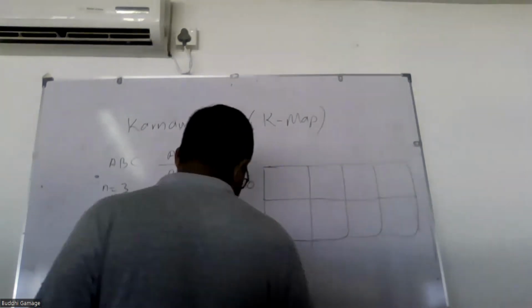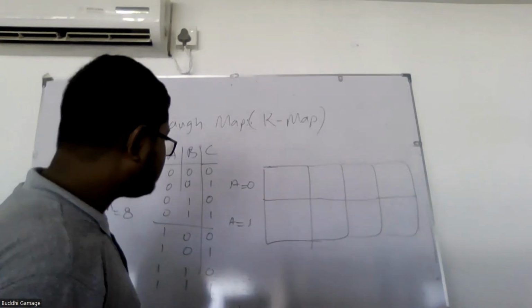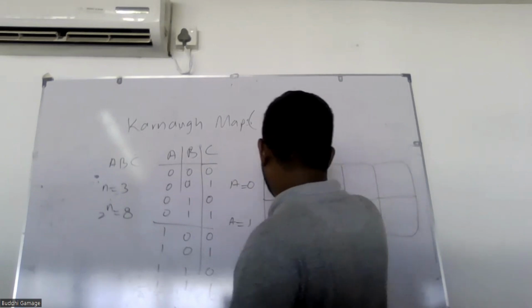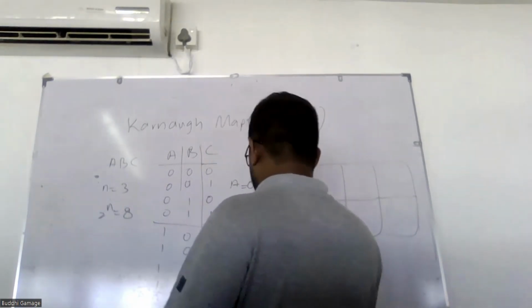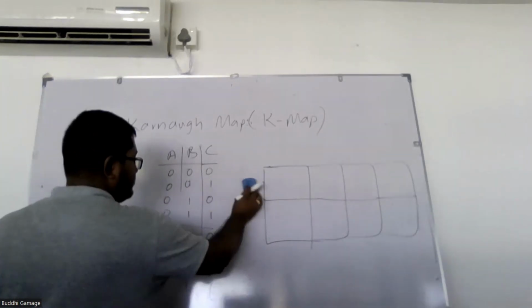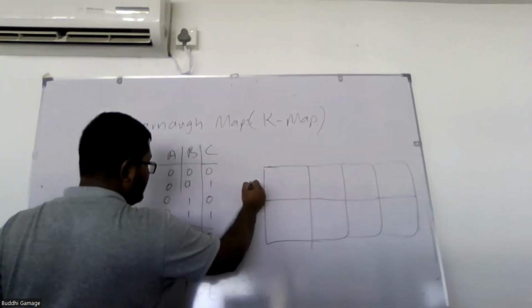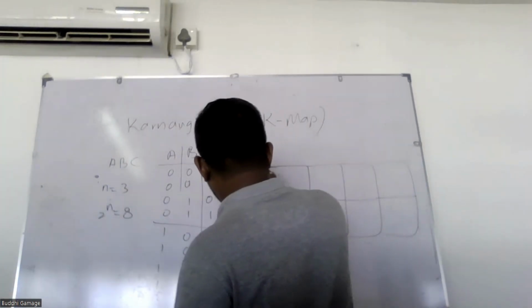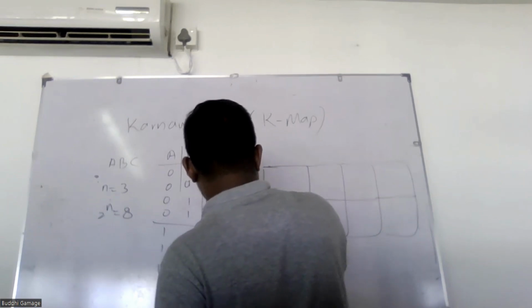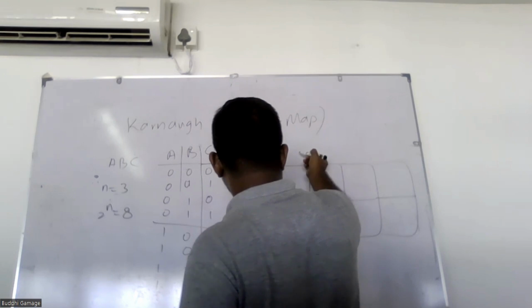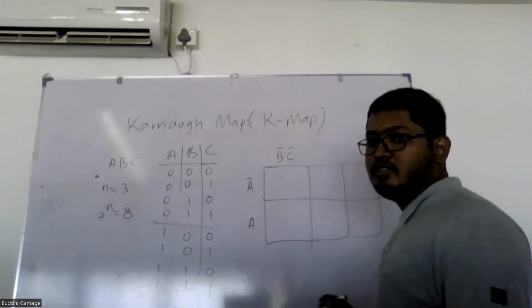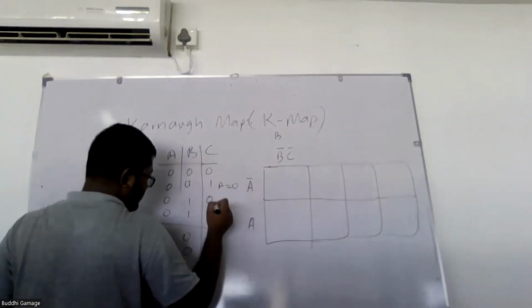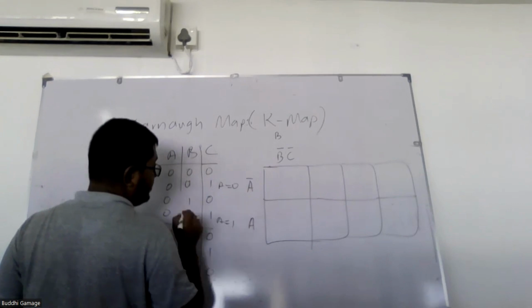Please listen closely to this one. Initially we need to start with the simple variable. For simplicity, this is A bar and this is A. And here it is B bar C bar. In other words, A is equal to 0, A is equal to 1.